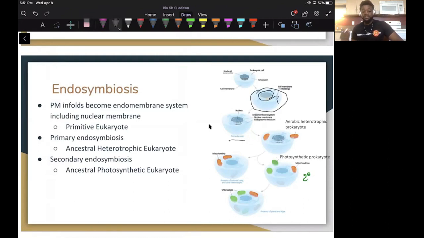With our first primitive eukaryote, an aerobic heterotrophic prokaryote, which is basically the pre-mitochondria, also gets engulfed by the cell. And that's what you see in primary endosymbiosis.